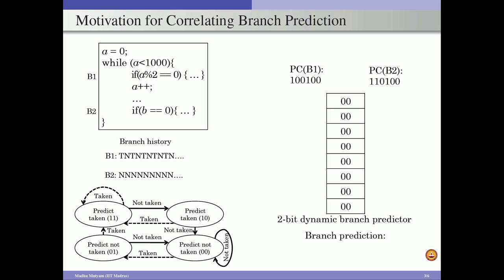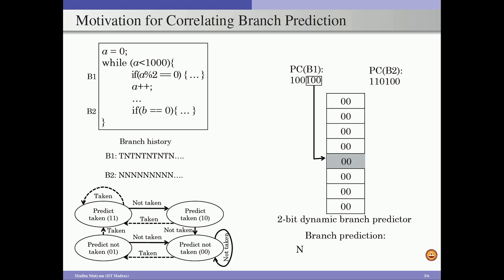So, let us start with branch 1, because B1 is the one which is happening first in the while loop. When B1 is executed the first time, we index into this table, so that our entry is 00. Initially we reset all the entries in the table.